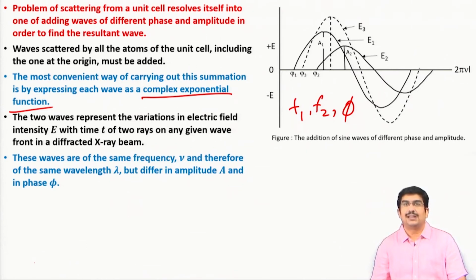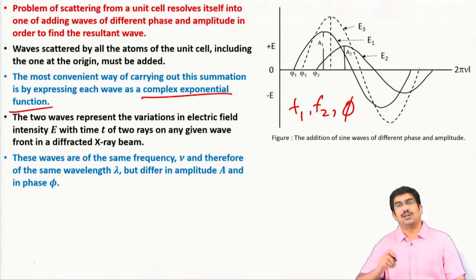We can represent these two waves by the variation of their electric field vector, because if you remember, we already said that these are electromagnetic waves. They can be represented by their electric field vector, and that electric field vector varies sinusoidally with respect to time for a fixed position, and with respect to position for a fixed time.